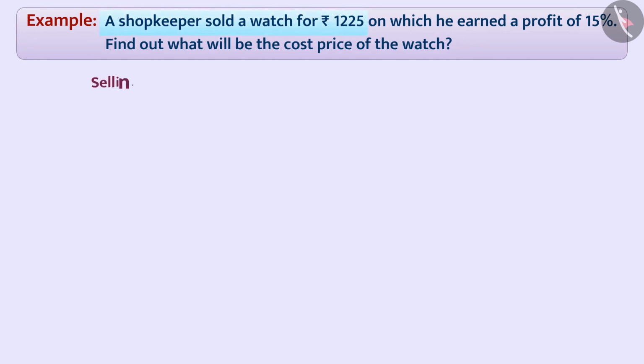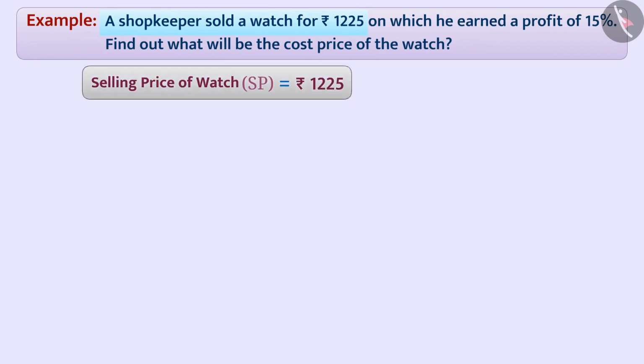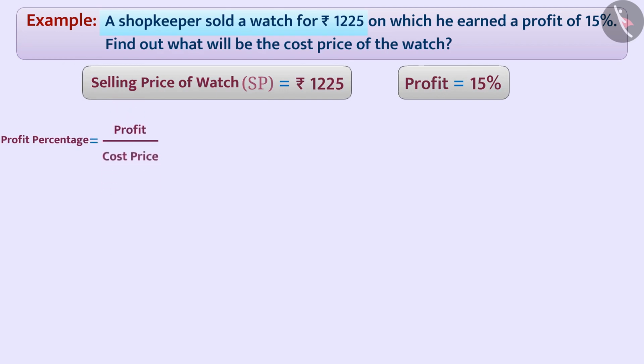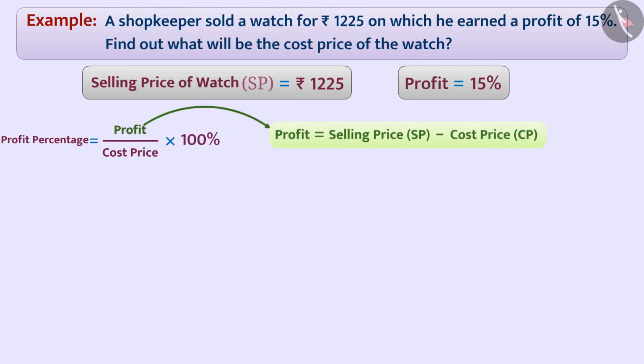So, the selling price of the watch, that is SP, is 1225 rupees. He gained 15% profit. We know that profit percentage is equal to profit divided by cost price multiplied by 100%, and profit is equal to selling price SP minus cost price CP.